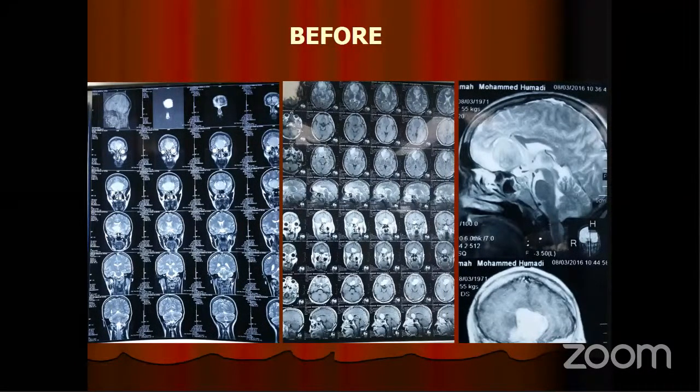There is also a tumor with a very large anterior skull base component, where you can see the tumor compressing the anterior cerebral artery. The post-op imaging showed that the tumor was excised completely and the neurovascular structures later became normal.